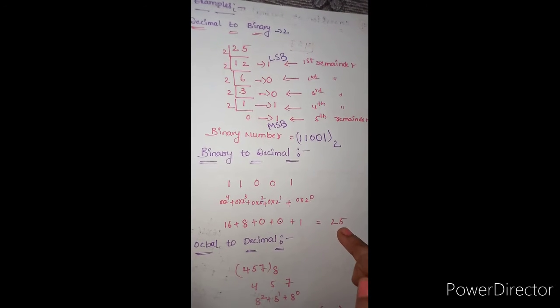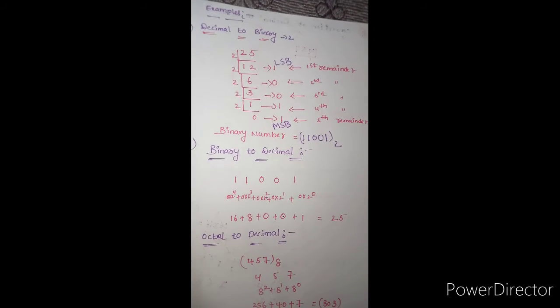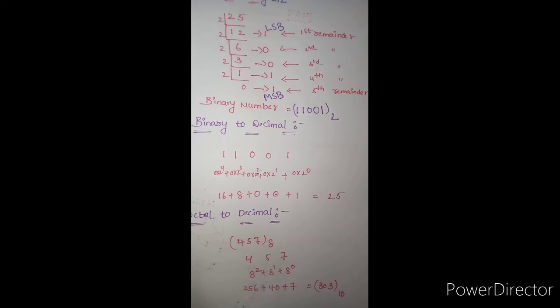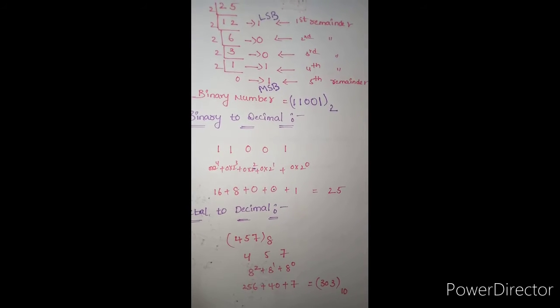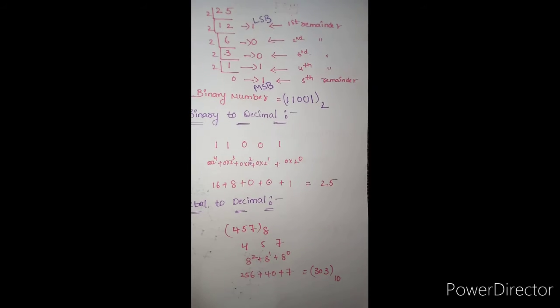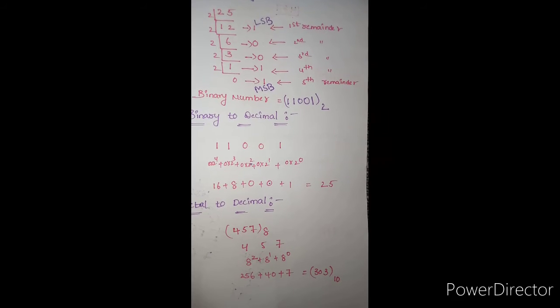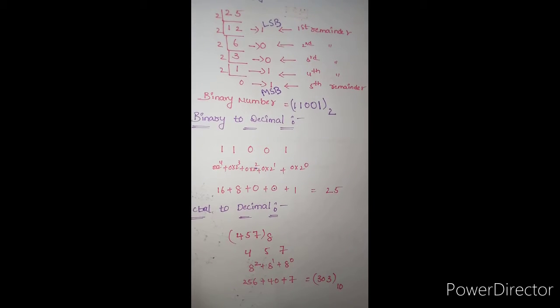This is the answer. Next one, octal to decimal. Write the octal number, that is, all the digits in the radix. Directly under the digits write 8 power 0, 8 power 1, 8 power 2, 8 power 3, starting from right to left for whole numbers, and 8 power minus 1, 8 power minus 2, 8 power minus 3, starting from left to right in fractional numbers.